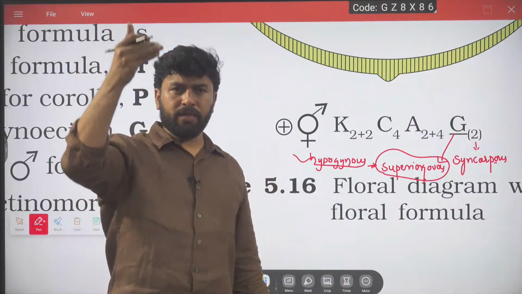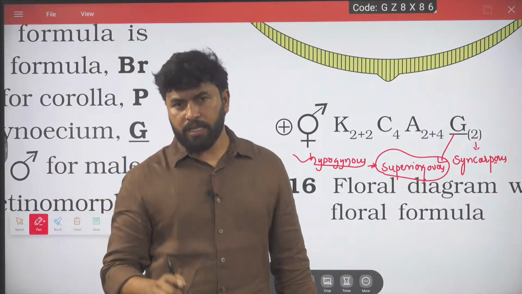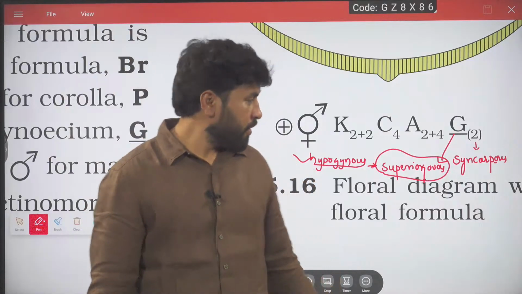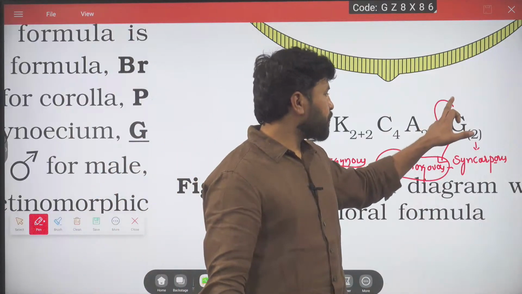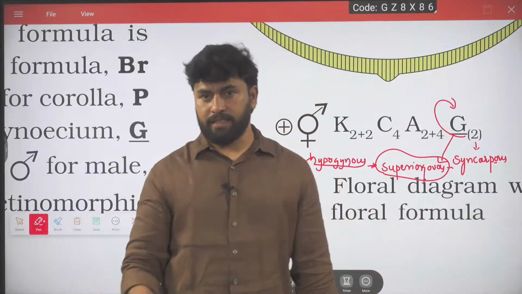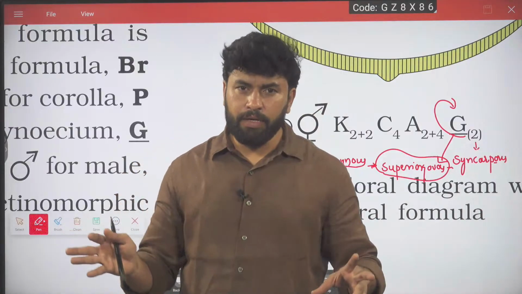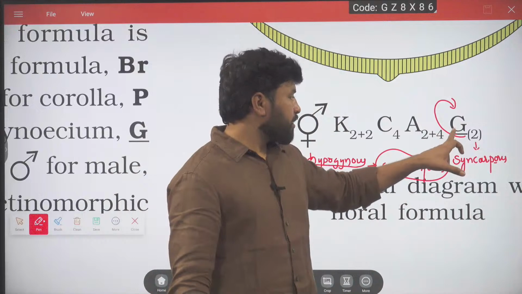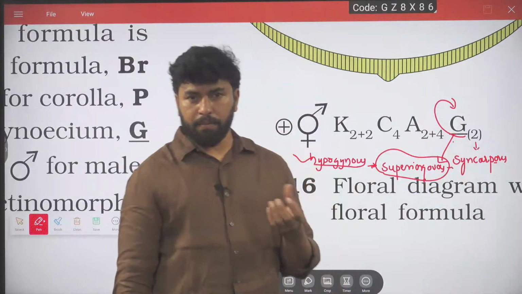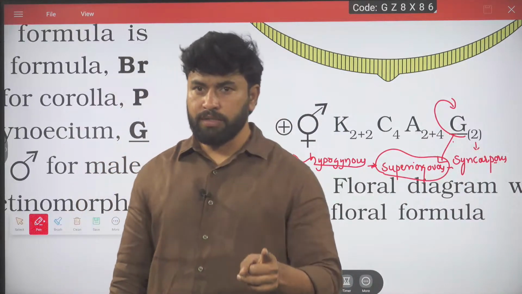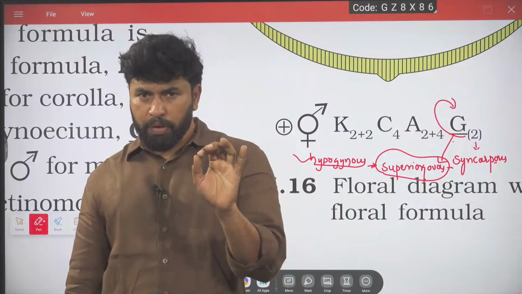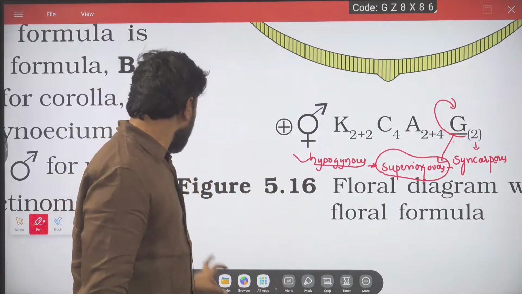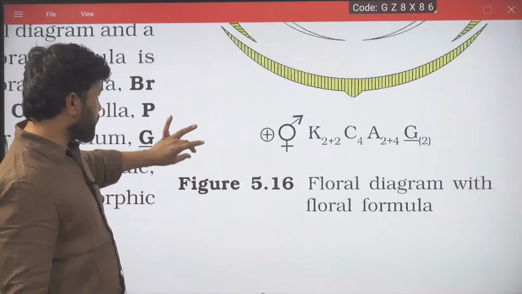Among the families that we are going to describe, only one family will have this line on the top. That family is Asteraceae. All remaining families that we are going to describe will have this line below the flower, indicating hypogynous flower and superior gynoecium. Then come to the families.